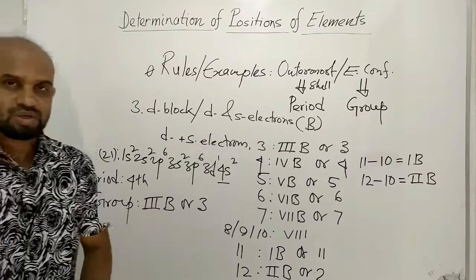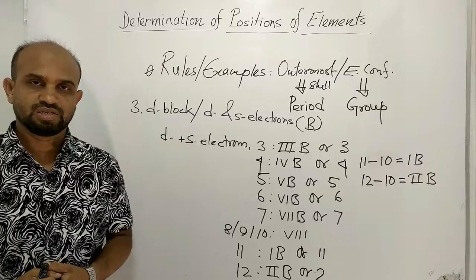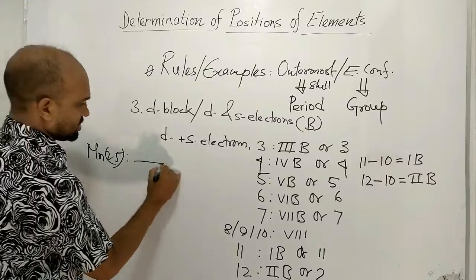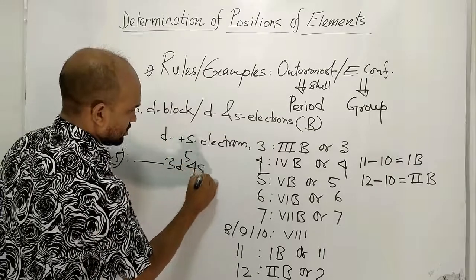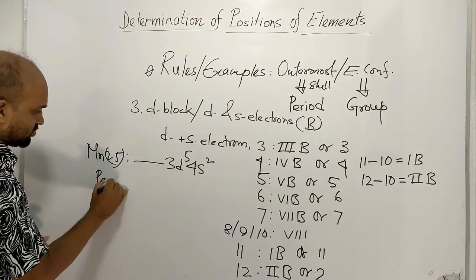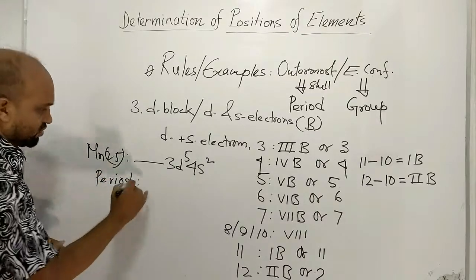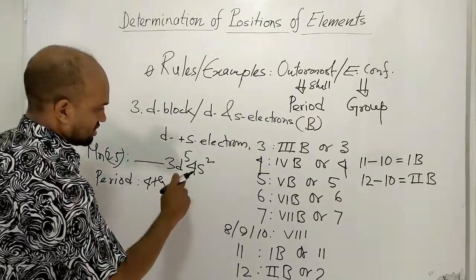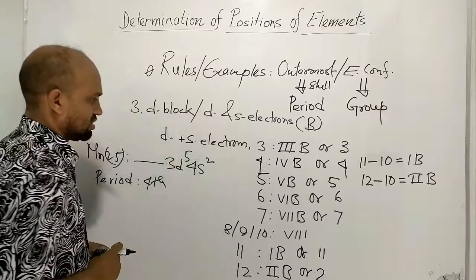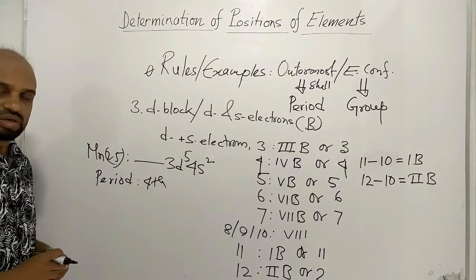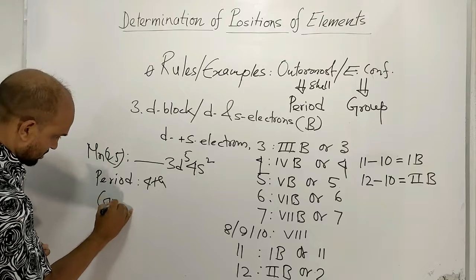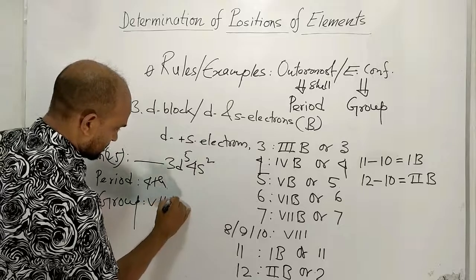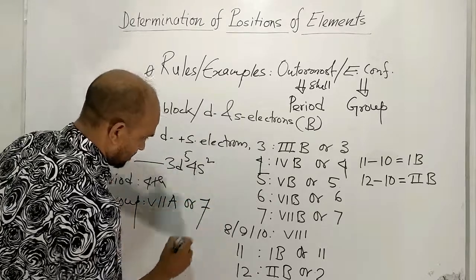Let's see another example. Now let's say manganese 25. Electronic configuration is 3d5, 4s2. Its period is fourth period because in manganese electrons are accommodated up to the fourth shell, and its group is 7 electrons, so it will be 7A or 7.